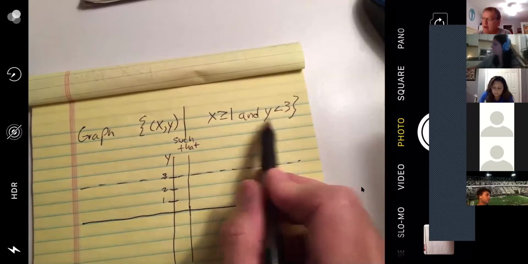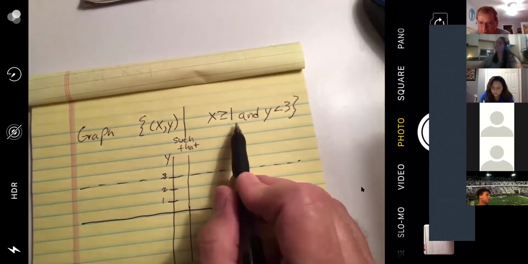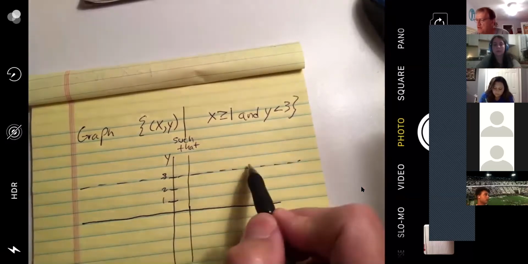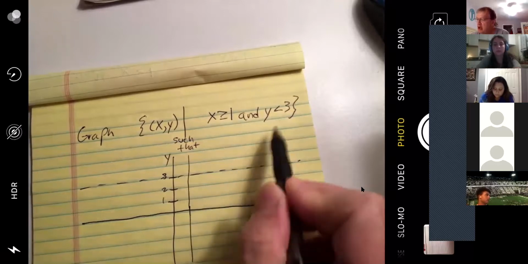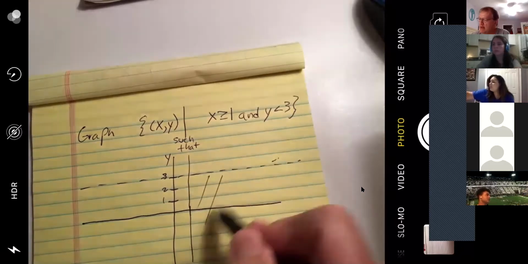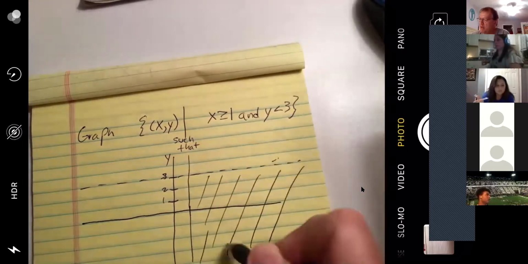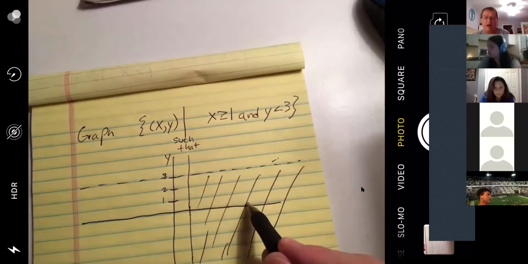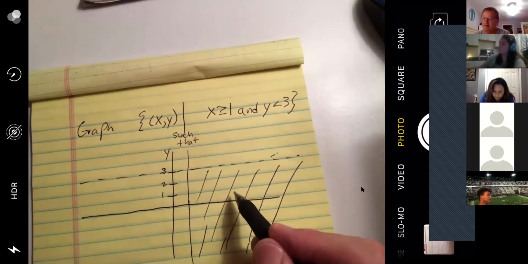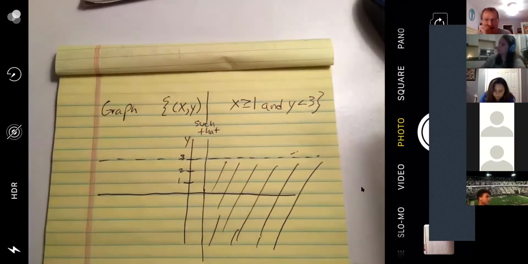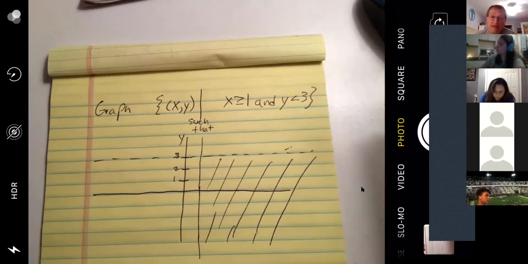Okay, when we want x greater than or equal to 1, but also y less than 3, I've got to be on the right side of this vertical and below 3. So can you tell it's this quadrant right here? All of the points would lie bigger than 1 and below 3. Once you see it done, I personally think it's very simple.